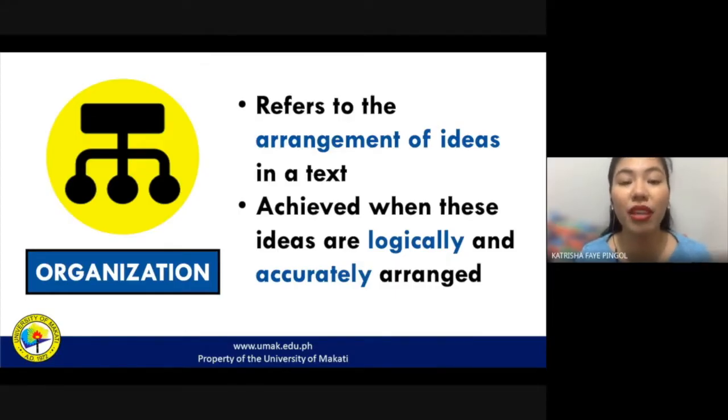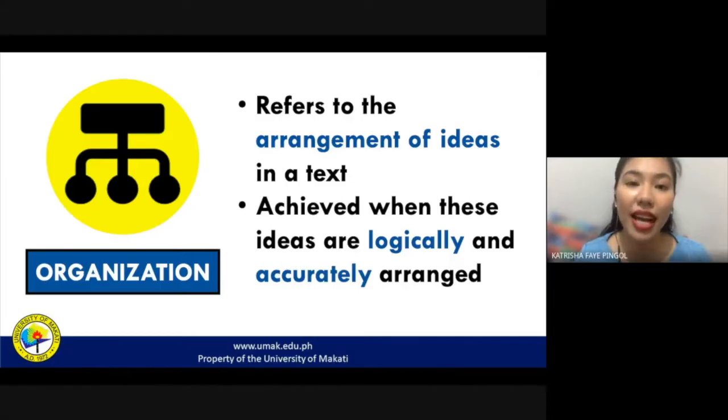And that particular reason enables your readers to better understand it because as they go through your text, the way that you arrange the ideas in your text makes sense for them. It makes sense for you as a writer, and it makes sense for them.